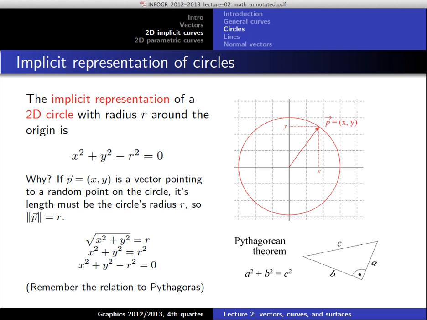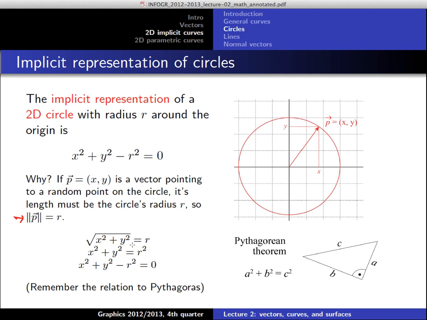And of course the length of the vector must be the radius, because if it's larger than the radius, it points beyond the surface. If it's smaller, it's still inside the circle. So the length of the vector must be the length of the radius.